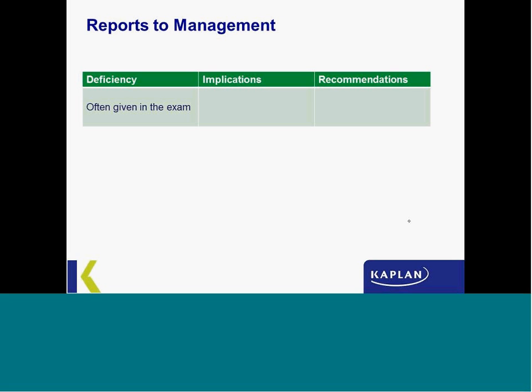So it's the implications and the recommendations. Actually, in the exam, I'm probably going to do it a bit more like this. I'm going to probably use two columns: a brief subheading to show which deficiency you're dealing with, and then the implications and the relevant recommendations. So let's see that example I discussed a little bit earlier when I was talking about the lack of authorization of journals. Your subheading could be no authorization with regards to purchase journals.